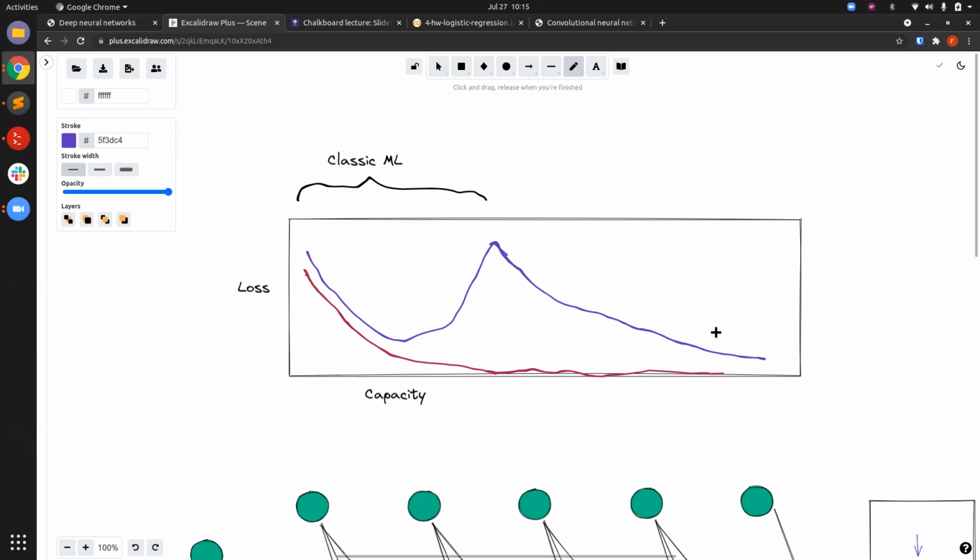And you can end up with a test error that's maybe lower than its minimum right there. So classical ML tells us we should look for this particular sweet spot, where we don't fit the training data exactly and we generalize pretty well. But with very deep networks, we have very large capacity to learn complicated abstract representations of the data.